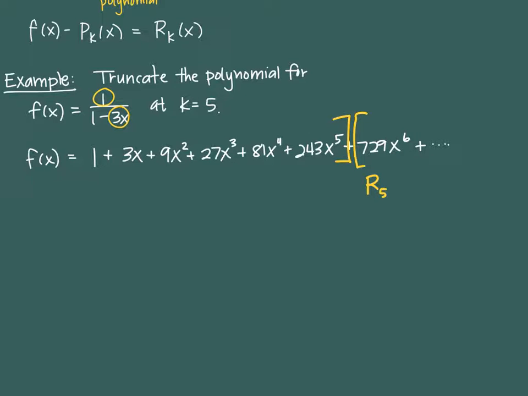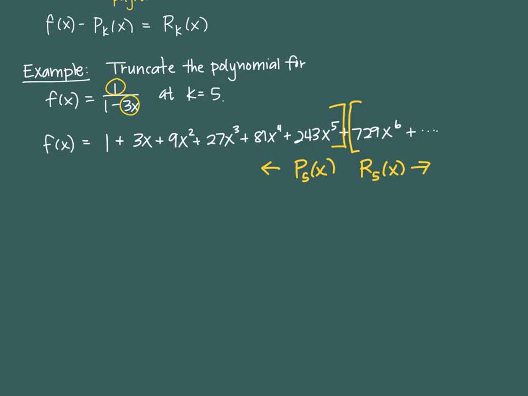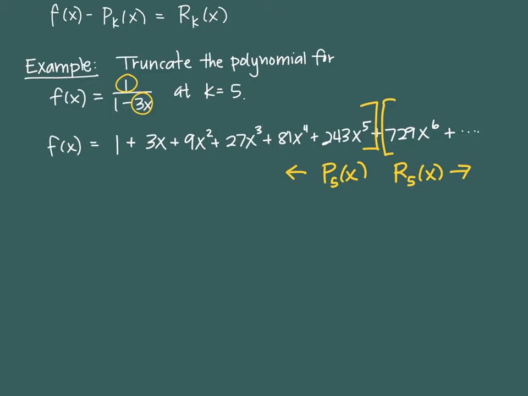So r sub 5 of x, the remainder, is that way, and the truncated polynomial, p sub 5 of x, is that way. Okay, that's just called truncation. All right, now we're going to continue the example. Now that we know that, the rest of the question would be like this.